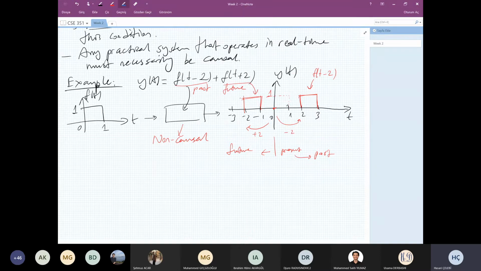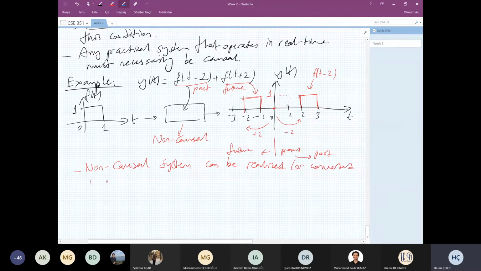The answer is that a non-causal system can be realized or converted into a causal system by using a shifter, as your friend says, a delay or shifter.